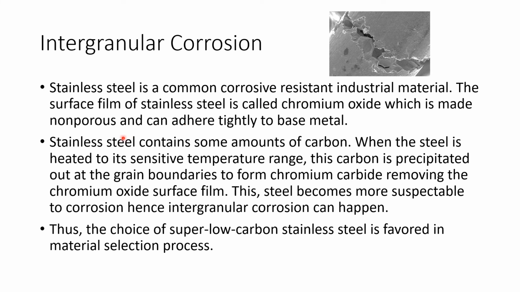Stainless steel contains some amounts of carbon. Some stainless steels have carbon, and we don't want carbon, because carbon messes up things. We want as low carbon as possible in stainless steel when you choose a material. When the steel is heated to a sensitive temperature range, which is part of your specification, the carbon in the steel is going to precipitate out, usually at the grain boundary.